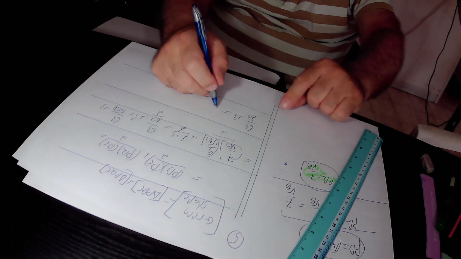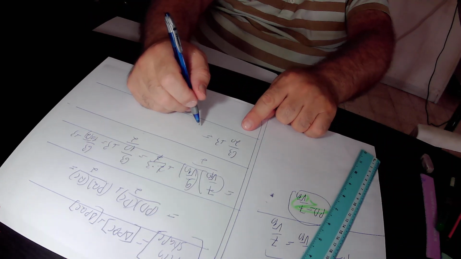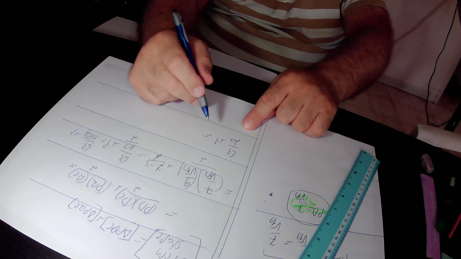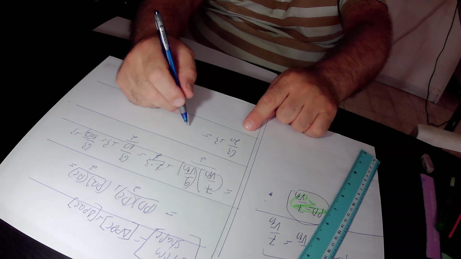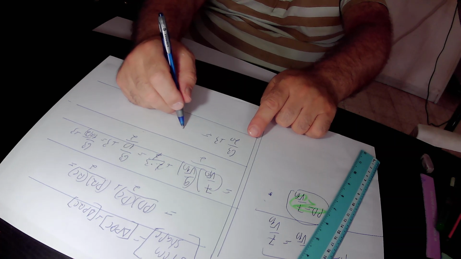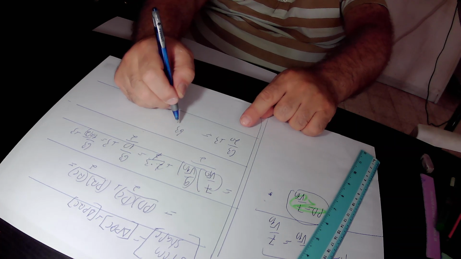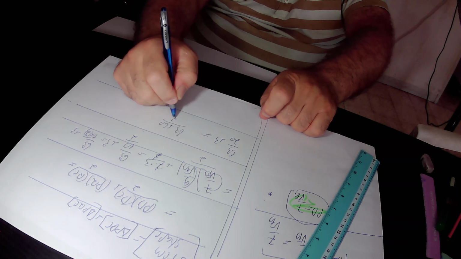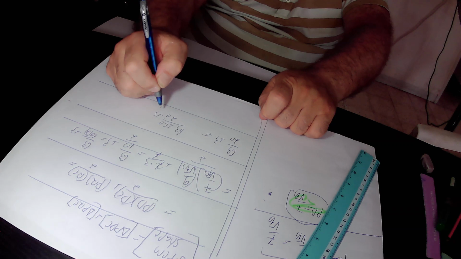So here we multiply 3 by 20 and then divide it by 20 in order to have a common denominator with this number. You get in the numerator 63 plus 3 times 20, which is 60, divided by 20.